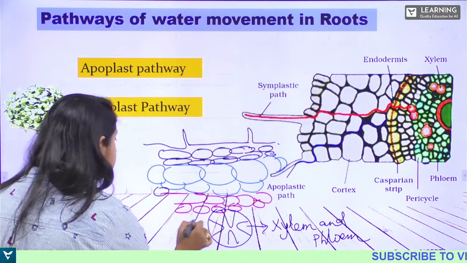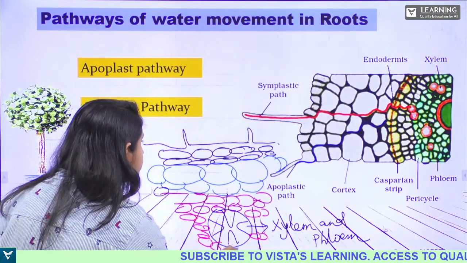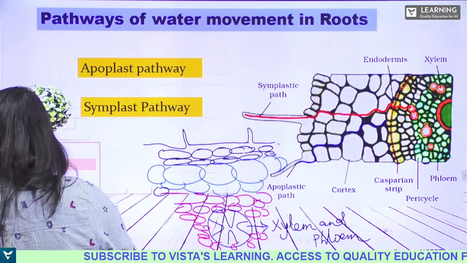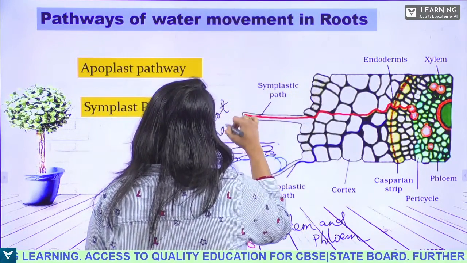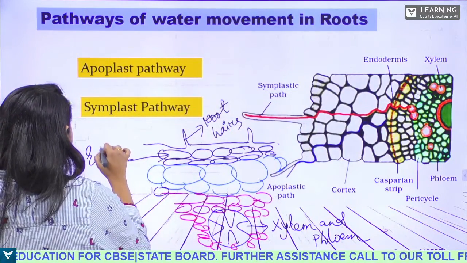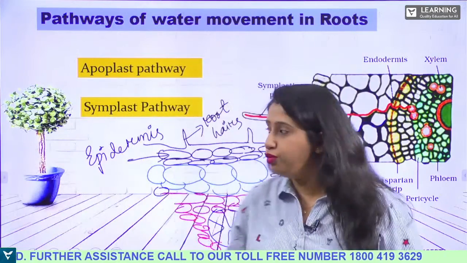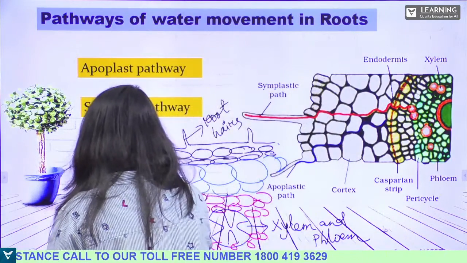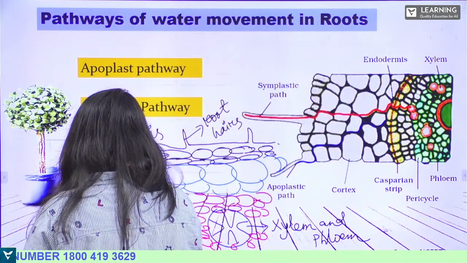See, it is all covered with cells. Now similarly, this is the same only. These are the root hairs, right? This is epidermis. The blue one is the cortex, and the red one is the endodermis.